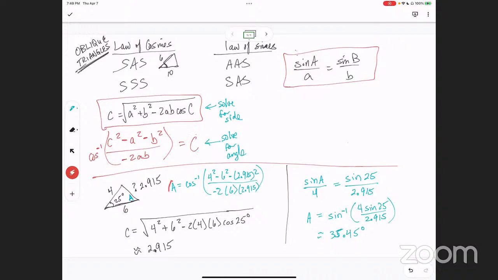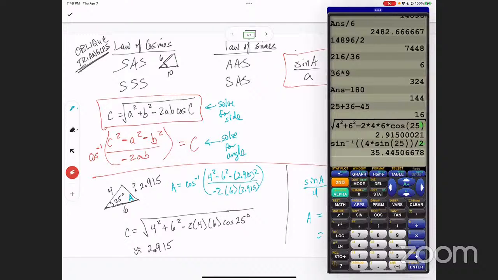Since I'm trying to solve for A, this has to be my A. These could have been mixed around. It doesn't matter because you'll still get the same answer, because you're subtracting both of them up here and multiplying them both down here. So watch, if we did this right, it should be the same answer, 35 point something.